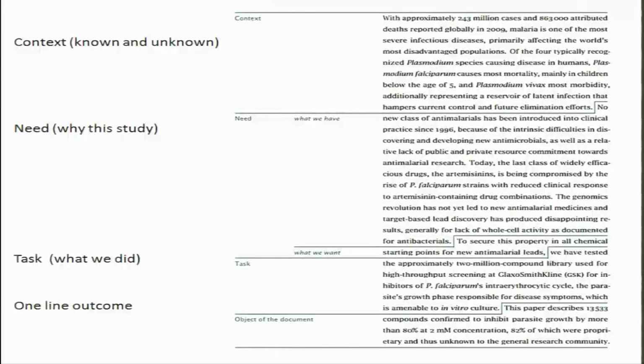That is when the first one was introduced, and since then no new class of anti-malarials has come in, because of the intrinsic difficulties in discovering and developing new antimicrobials, as well as the relative lack of public and private research commitment towards anti-malarial research, because these are mostly in underdeveloped countries where people don't fund a lot of research.